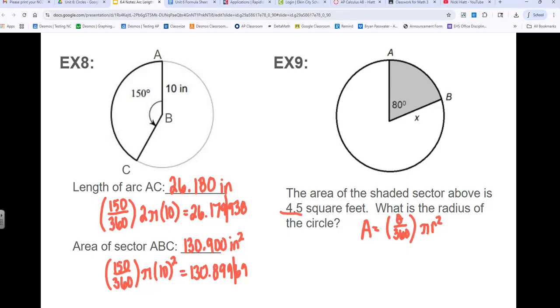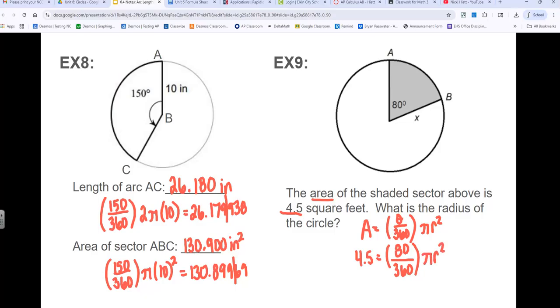In this case, they gave us 4.5, which is the area. So 4.5 will go over here. My angle, I do know that that is 80, so I can plug it in here. And then I've got pi times the radius squared.